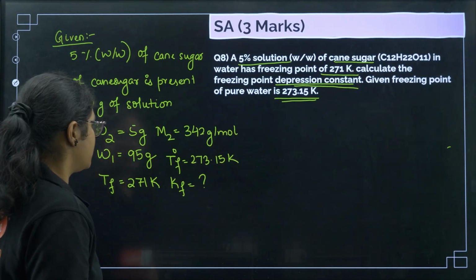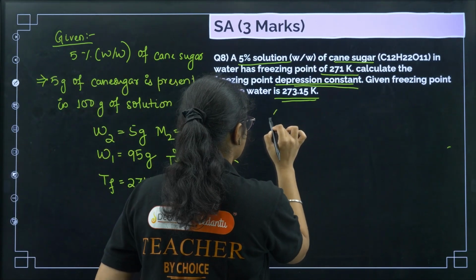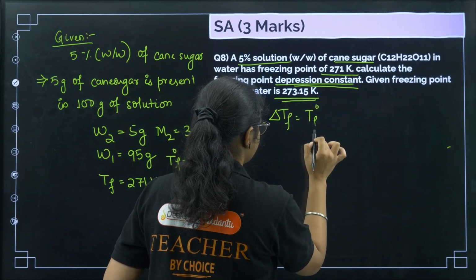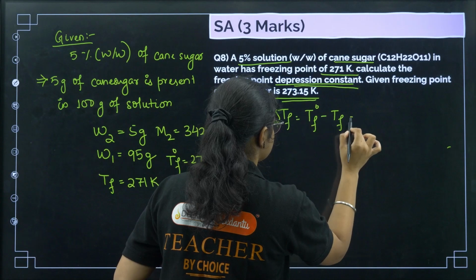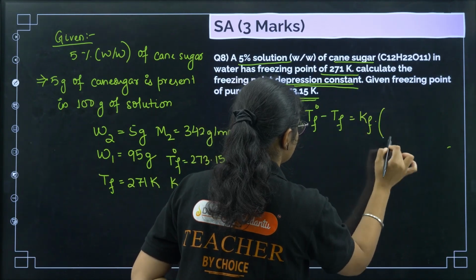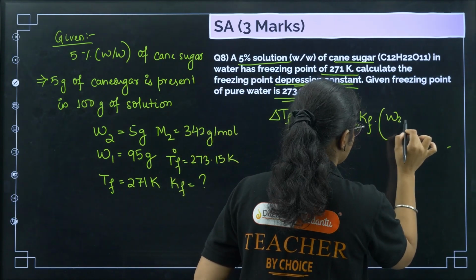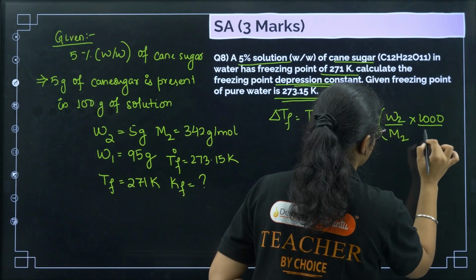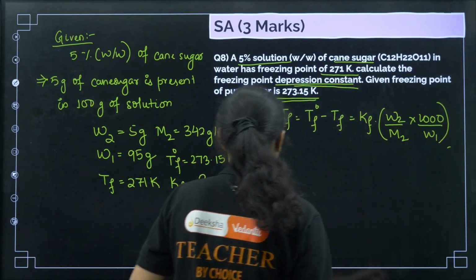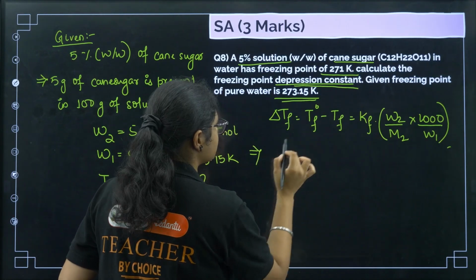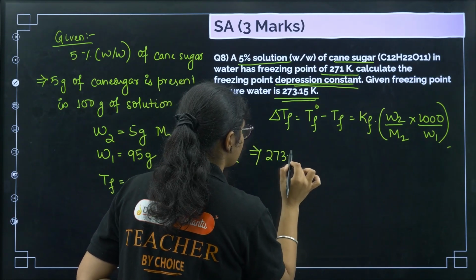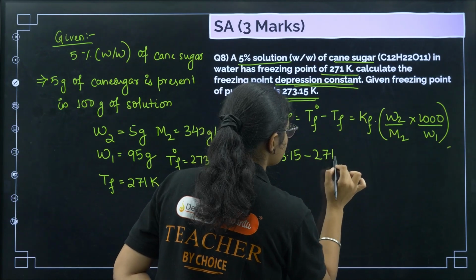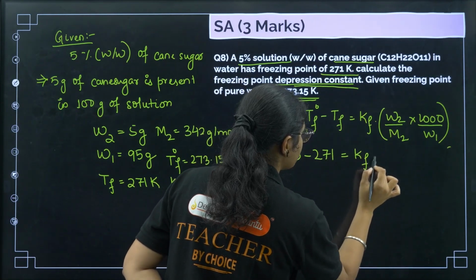Okay, so let us do it now. What is the formula we have? Delta Tf is equal to T naught F minus Tf is equal to Kf into m. What is the molality formula here? W2 by M2 into 1000 by W1, mass of the solvent. Now here we can substitute the values. T naught F is 273.15 minus Tf, 271, is equal to Kf, which I need to calculate.